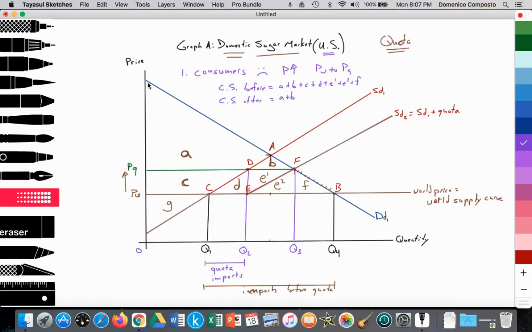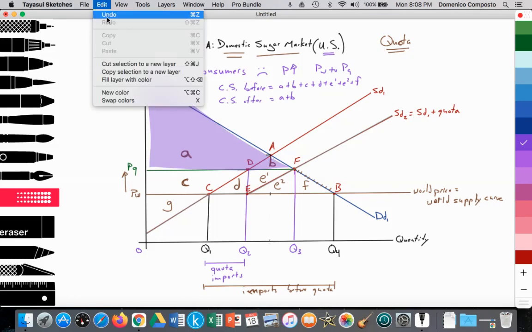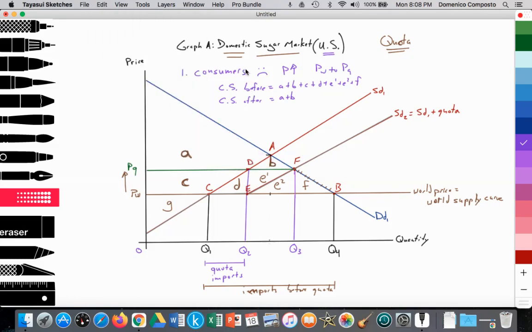Originally, it was this triangular area, and now it's been reduced to this triangular area. And that can potentially generate increased unemployment in those industries since they're paying a higher price for the key input of sugar. Reduced quantity supplied of fast food, reduced quantity supplied of soft drinks, and so on.